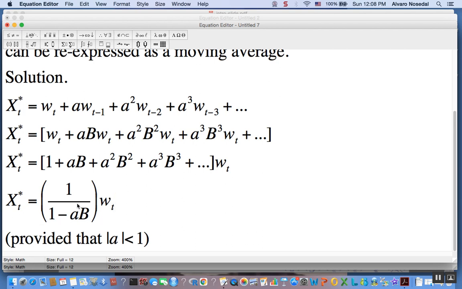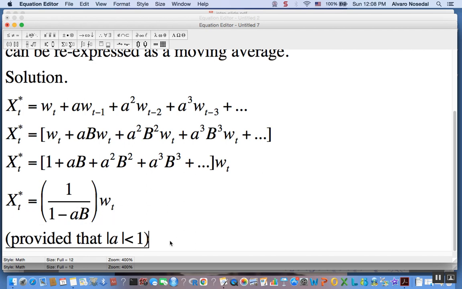So now, what I'm going to be doing next is something quite interesting, I think. So what I'm going to try and do here is apply the inverse operator on both sides.